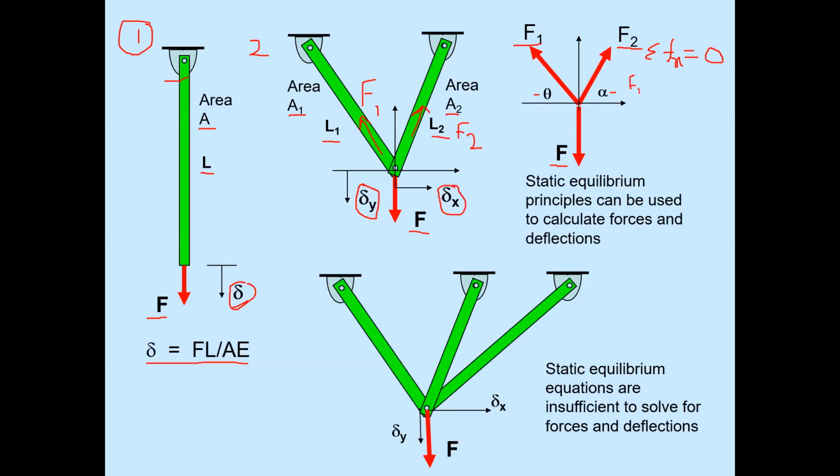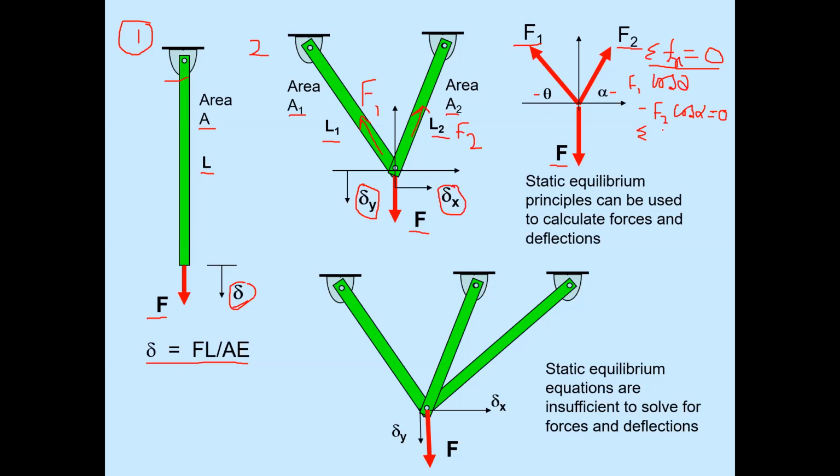F1 cos theta minus F2 cos alpha is equal to 0. This is the first equation. We have two unknowns, so we need two equations of equilibrium, and we can easily find these two unknowns. So the first equation is sigma Fx equal to 0.